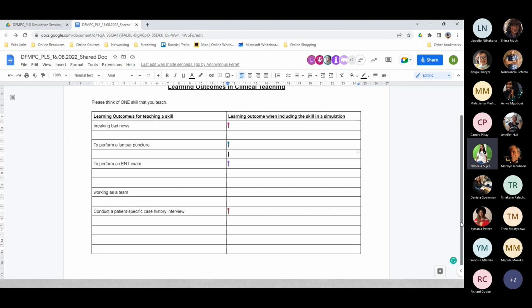Now, in a simulation, you might want to give the student a patient that has an ENT complaint, and your objective might be the student now needs to identify an ENT complaint, or maybe the student must now integrate and then actually formulate an assessment of an ENT case. Does that make sense? So it's more applied because of the simulation technology.